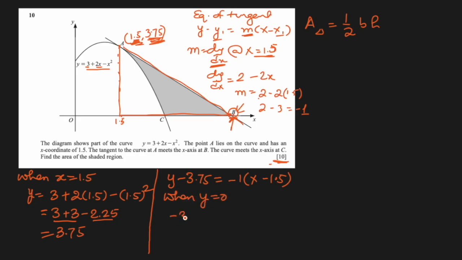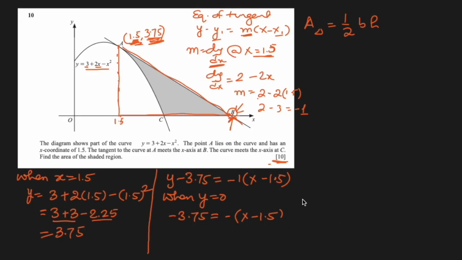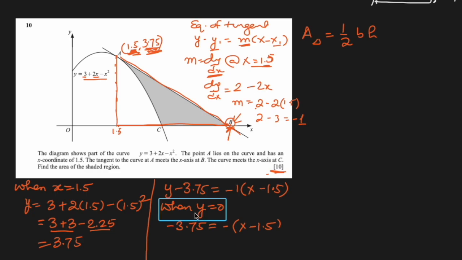The negative signs cancel out, so 3.75 and this 1.5 come together and x becomes 5.25. So the coordinate here is 5.25.